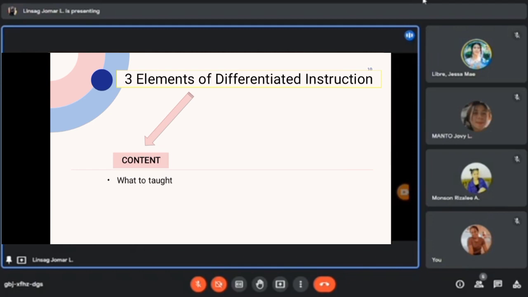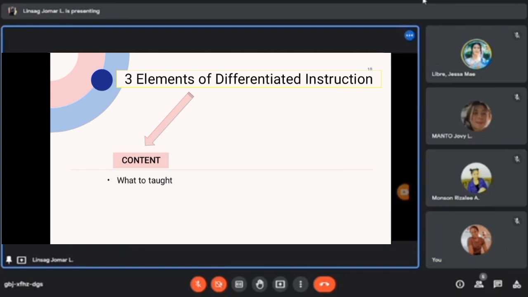All students need to be given access to the same core content and taught the same big ideas and concepts. Content includes what the teacher plans for students to learn and how the students gain access to the desired knowledge, understanding, and skills. Now, how can we differentiate access to content? Content includes curriculum topics, concepts, or themes.